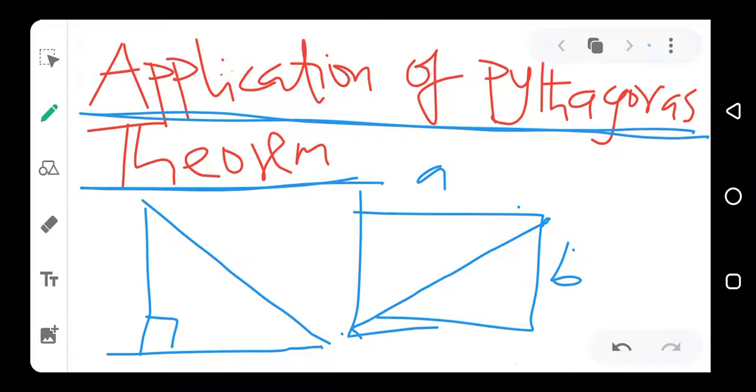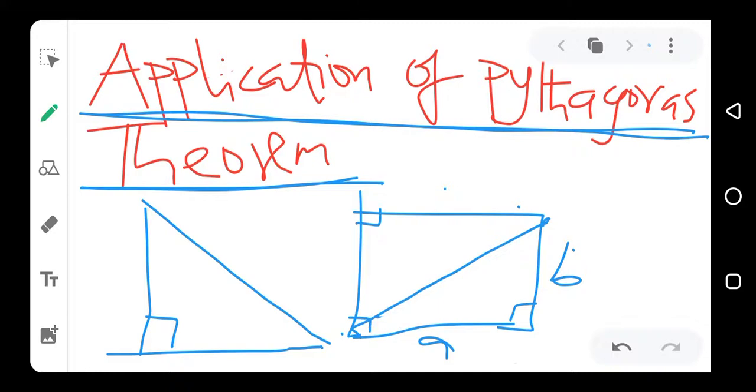Now let me say that this place is A. Now we know that this place is B. For a rectangle, each of the edges is 90 degrees.